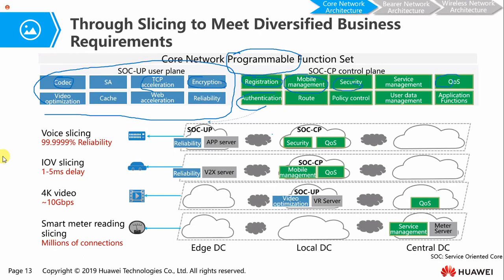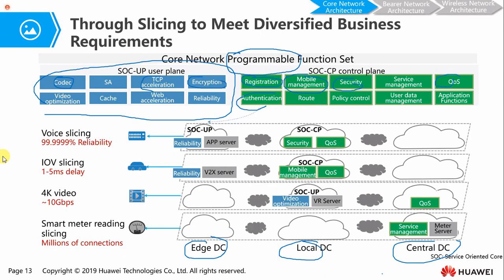You can see this network. We can have this HDC, local DC, and central DC. DC means data center. The data center is just an equipment room with many servers inside. The HDC is near the site, near the user, near the base station.